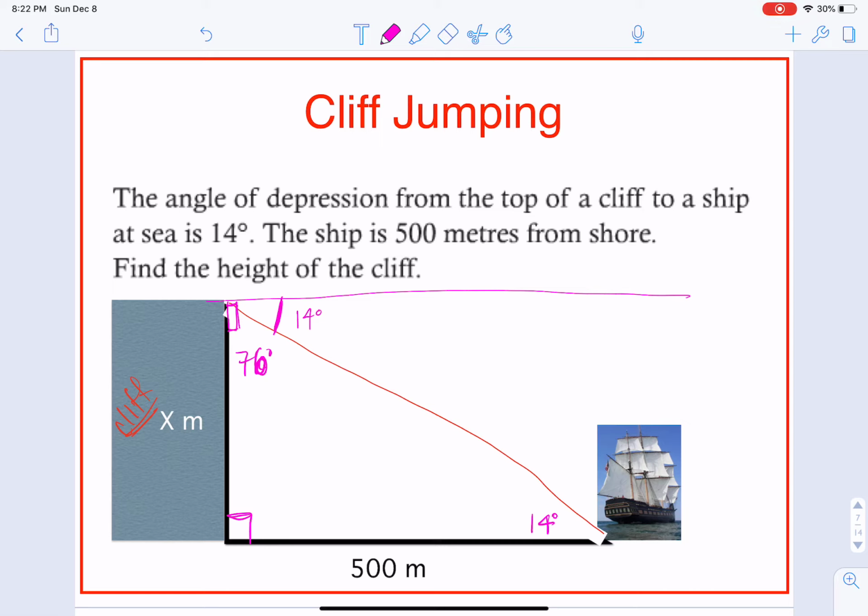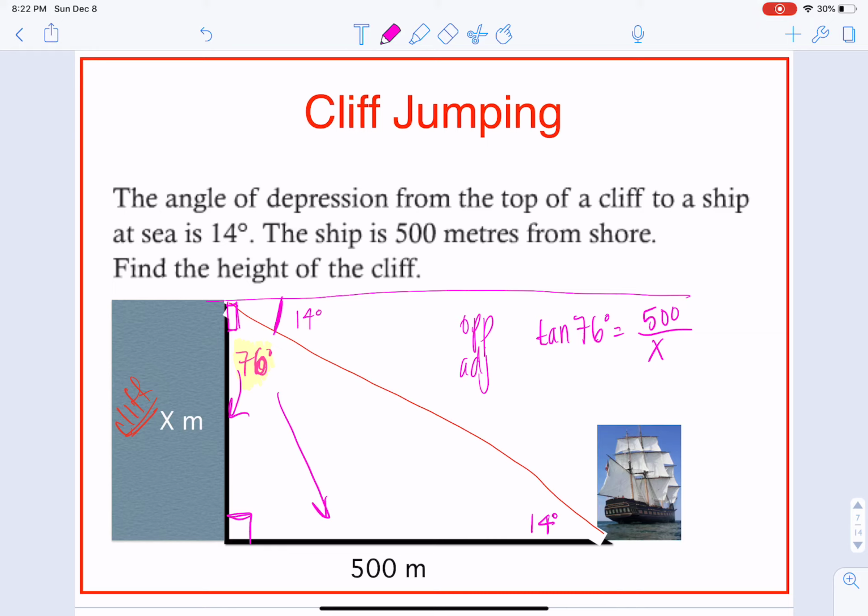So I have information about either of these angles. So let's go ahead and say that this is the angle of interest, and I have information about the opposite, and I'm looking for information about the adjacent. So I can go ahead and say that tan of 76 degrees is equal to 500 over x.